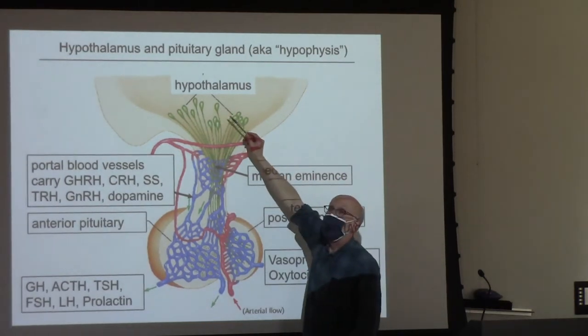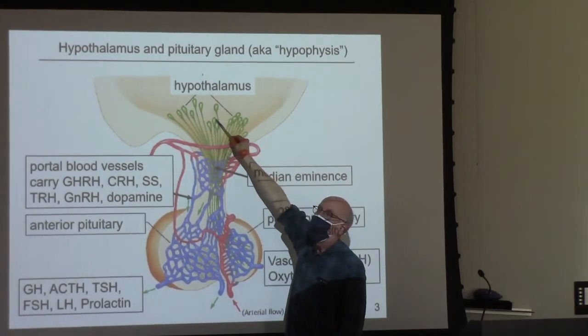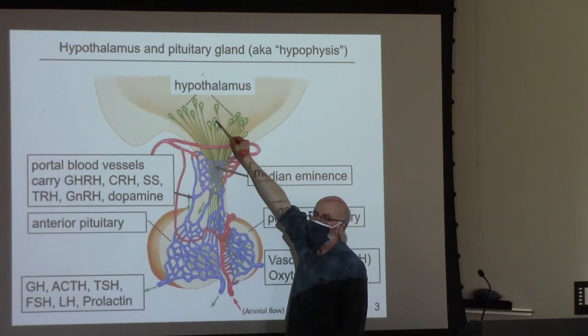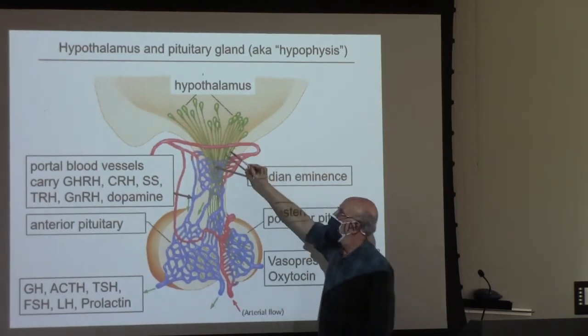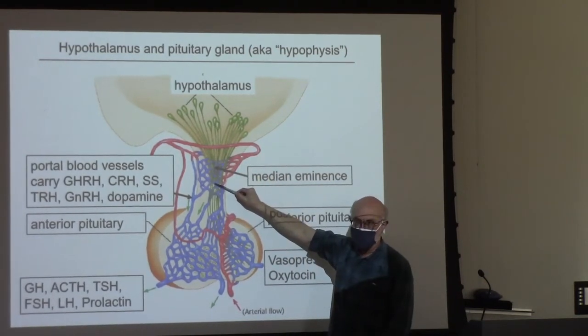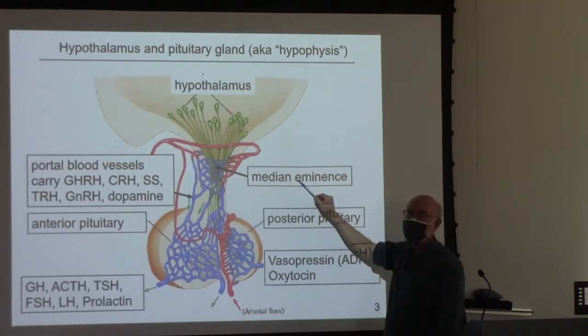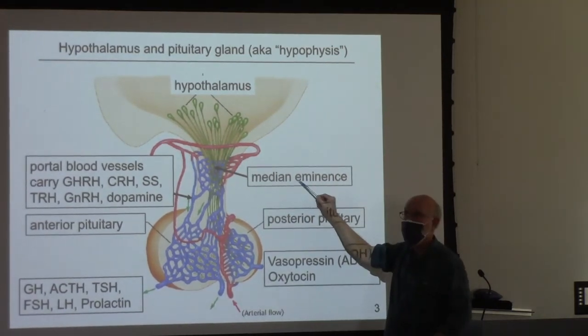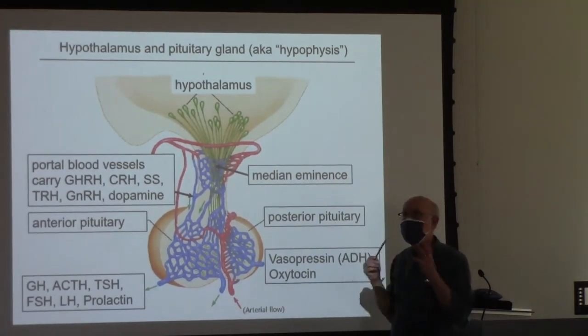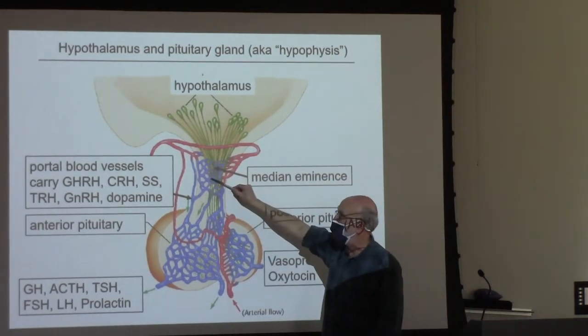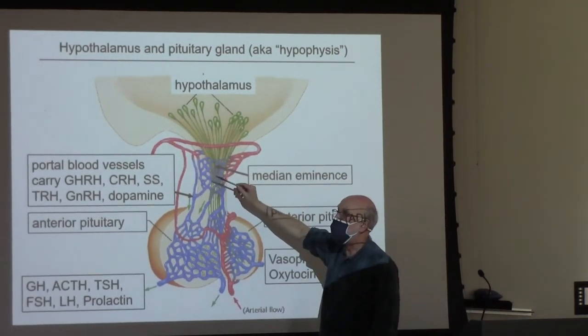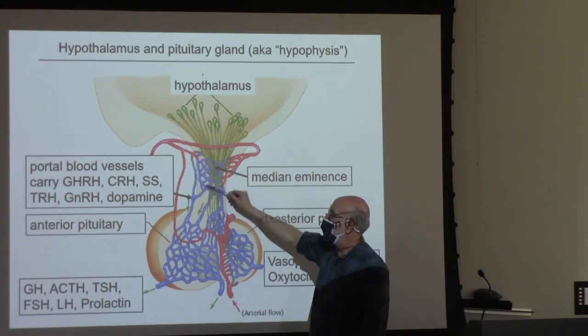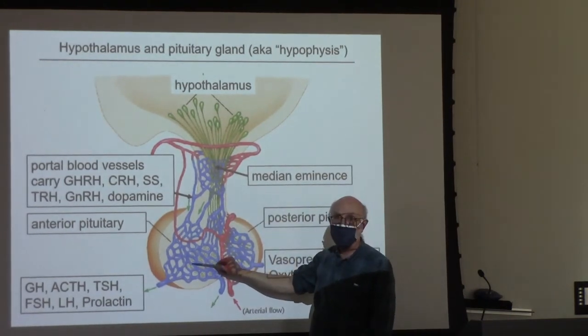Anyway, hypothalamic neurosecretory cells release their hormone in the median eminence. And then a specialized blood system carries the hormone to the anterior pituitary.